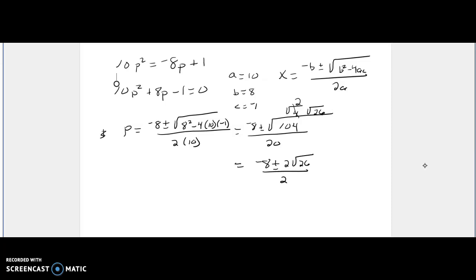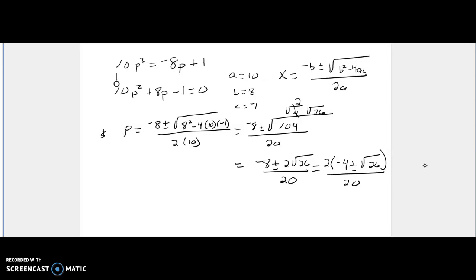And we could mess around with that a little bit, but I'm going to make it a little bit simpler. I'm going to look at the top and I'm going to factor out a 2. I'm sorry, the bottom here is 20, not a 2. I'm going to factor out a 2 on top, and I'm left with negative 4 plus or minus radical 26 all over 20.